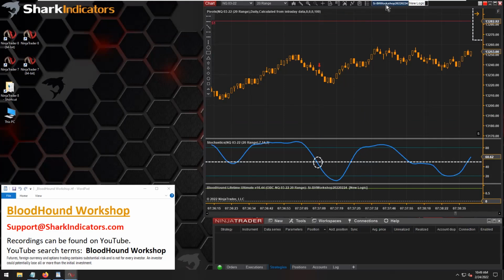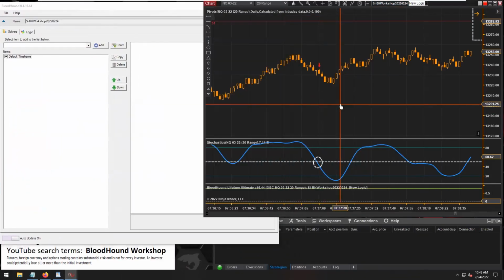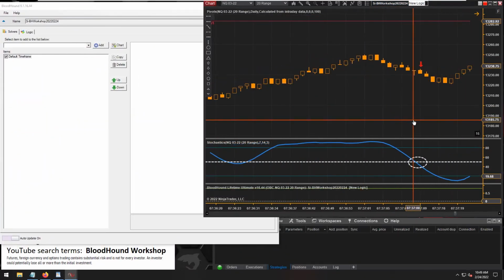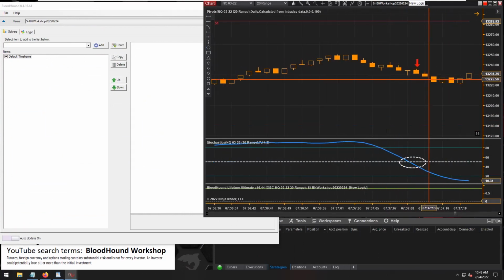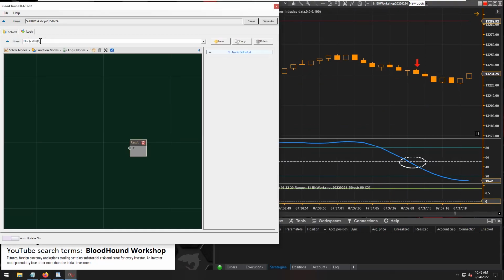So let's pull up BloodHound and start working. Let's see, we'll focus on this bar right here, since this makes a pretty good example. All right, so there's some kind of a shorthand version of the name, right?